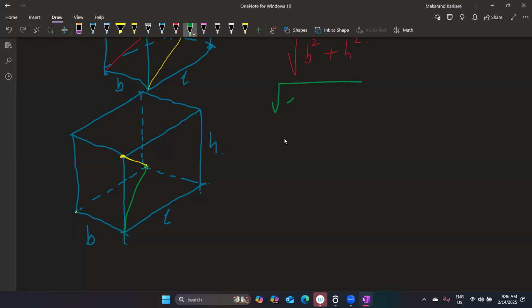Correct. Very good, Aniket, that was correct. And what is the length of this? Let me name these points: A, B, C. So we just now found that BC is equal to this.